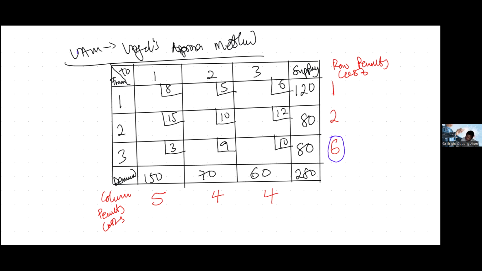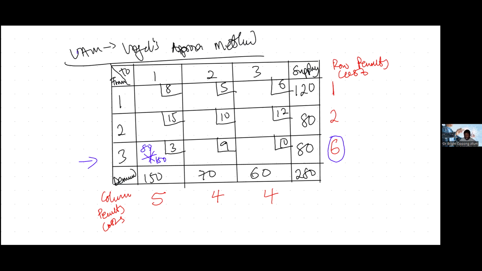So we look at the third row that had the 6. We identify the minimum cost here, which is this cell. So we have to allocate as much as we can in this cell, right? So how much can we allocate here? We have 80 and we have 150.